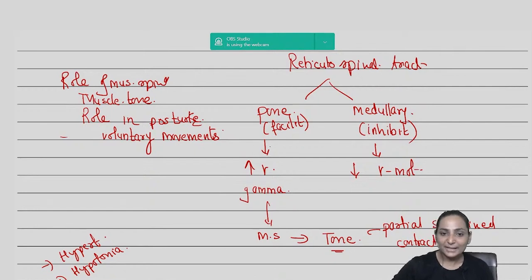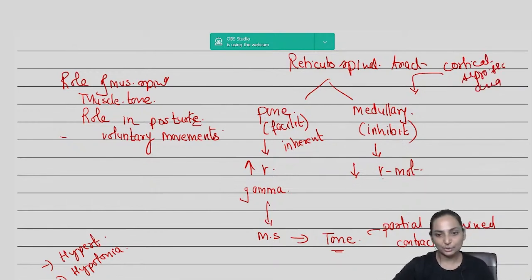So this pontine, remember, has got its own inherent activity, right? But the medullary is under the influence of the cortical suppressor area, and then it is going to inhibit the gamma motor neurons.